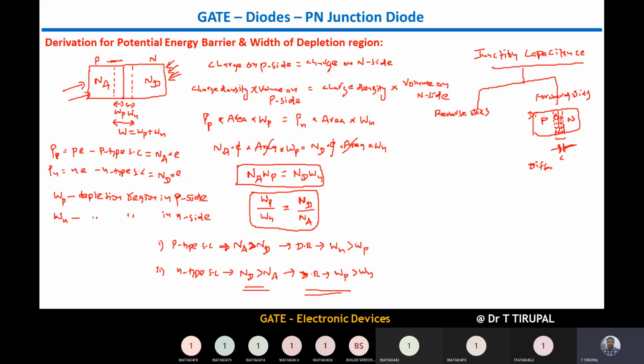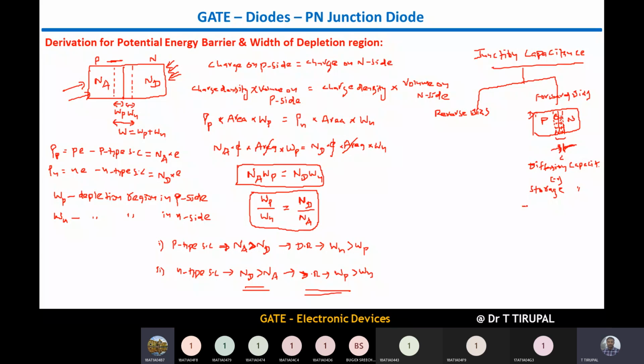Please note, a very important point for competitive exams: the capacitance observed in forward bias is called diffusion capacitance, or it is also called storage capacitance. Now, what current exists in forward bias?